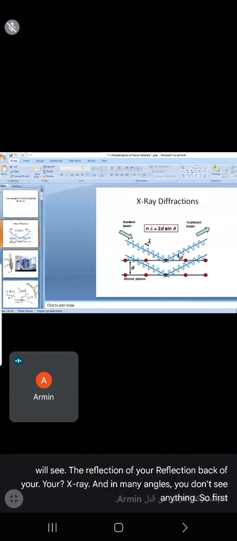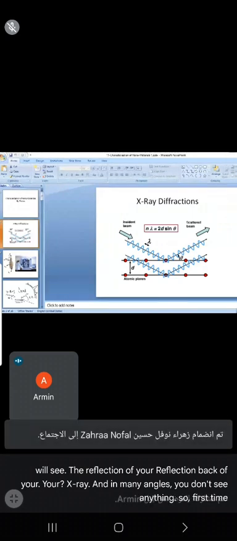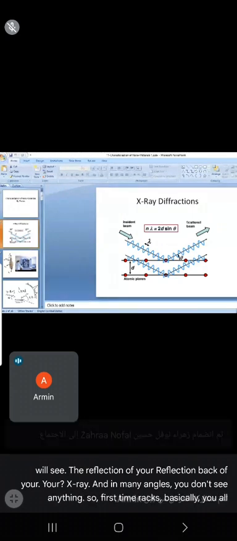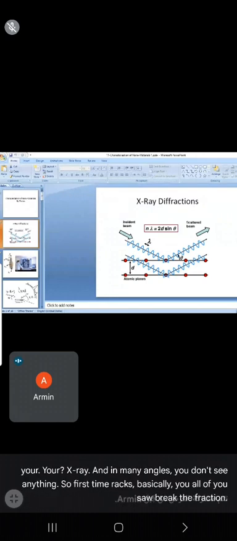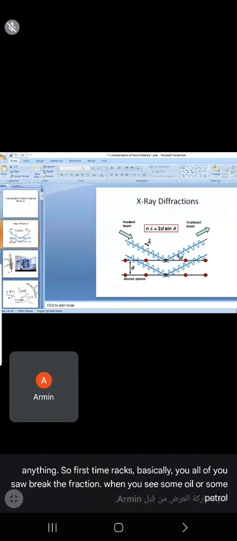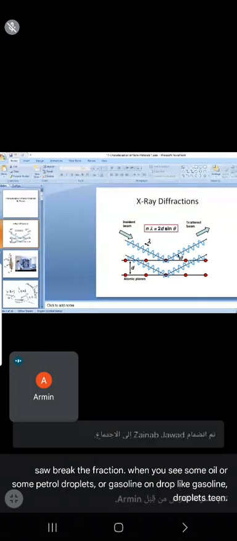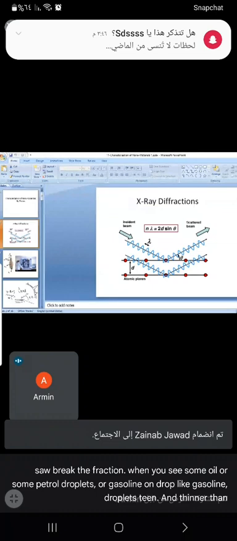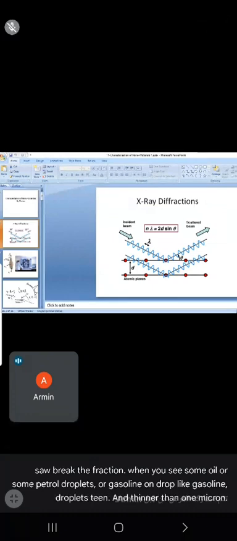All of you have seen Bragg diffraction when you see oil or petrol droplets, or gasoline droplets, thinner than 1 micron on the water.